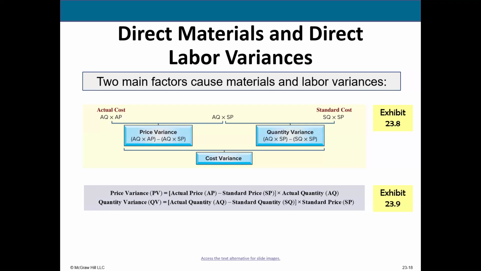That's the price variance formula. The quantity variance formula is very similar. We take the actual quantity minus the standard quantity, and then we multiply that amount by the standard price. So I want you to pay very particular attention to those basic formulas because you'll find that they're similar in nature to the other variances that we're going to calculate.